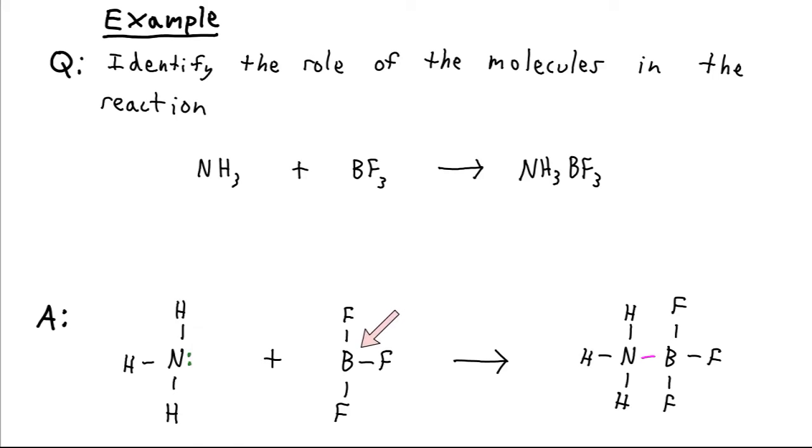Boron, you may note here, does not have a full octet. It has 1, 2, 3, 4, 5, 6 electrons, it's shy of 8, and so it can fill its octet if this ammonia is kind enough to share these. So we form a bond between these.